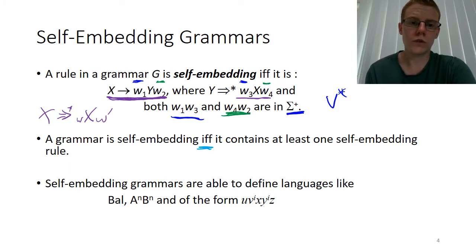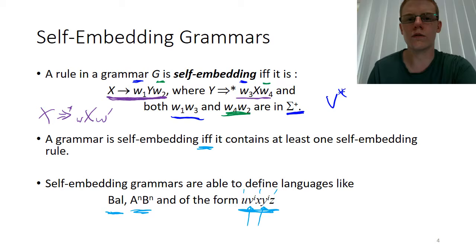Self-embedding is a slightly more useful property for us for grammars, because with self-embedding grammars we can describe languages like the balanced parentheses language, or A^n B^n, or anything that has the form where we have some fixed strings U, X and Z, and then we have some other strings which both have the same repetitions of maybe some other parts of strings. This will be useful later when we talk about a way in which we can prove that certain languages cannot be expressed with a context-free grammar.